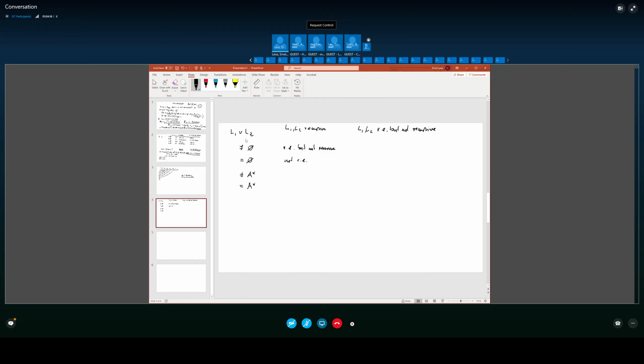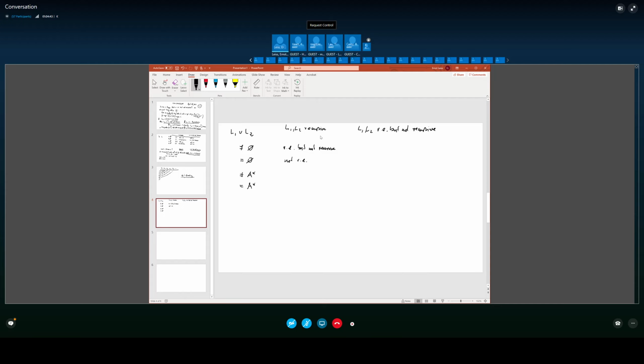Again, you run the Turing machine for L1 and the Turing machine for L2 in parallel, the way I've described it. Step 1 of M1, step 1 of M2, step 2 of M1, step 2 of M2, and so on and so forth. That obviously effectively is equivalent to running them in parallel.